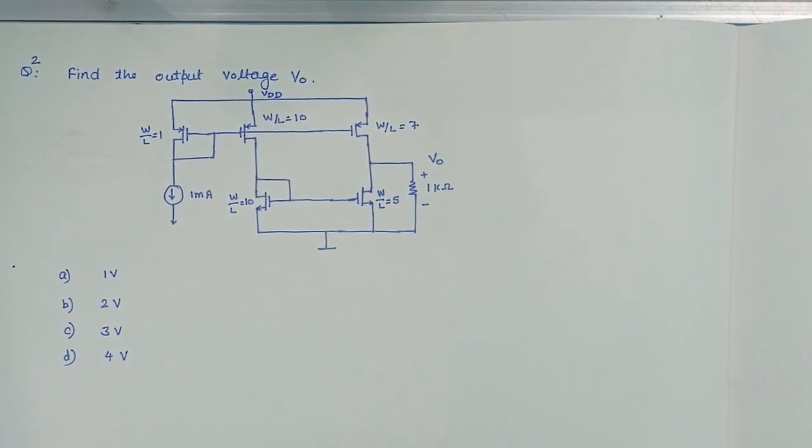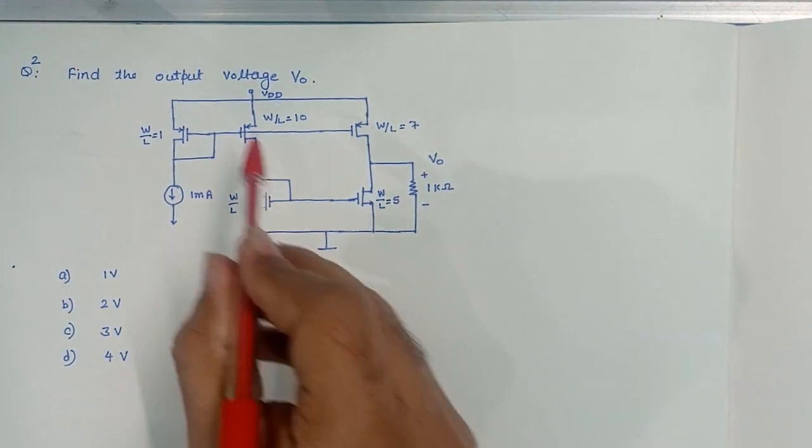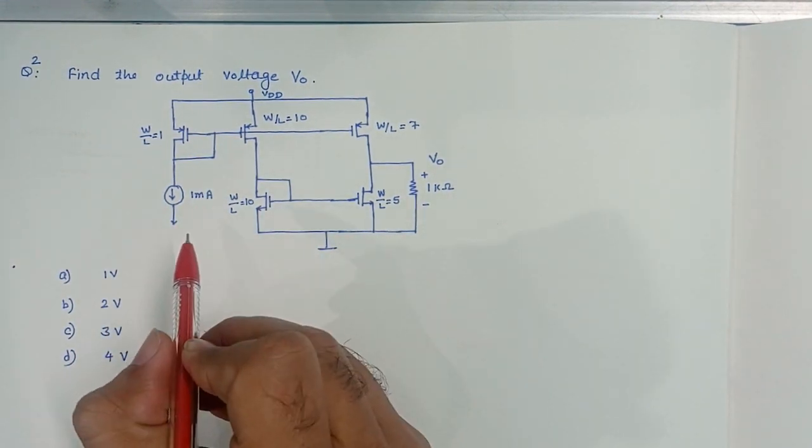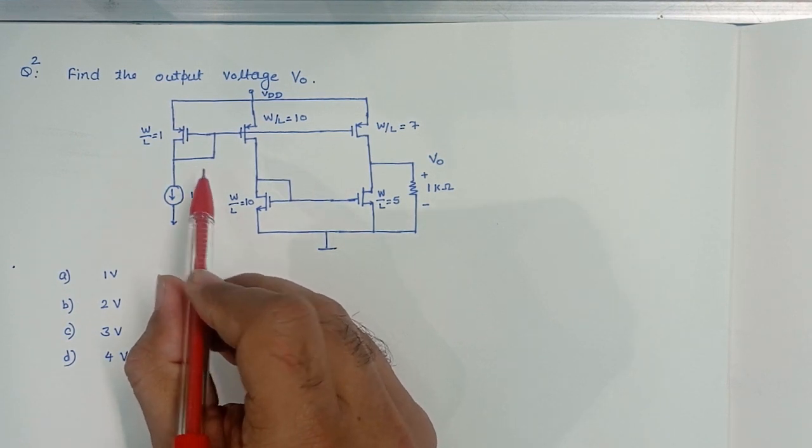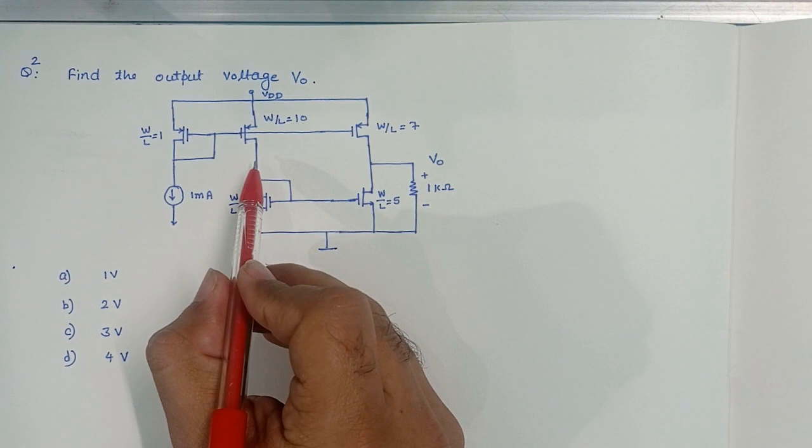So let's go to the second question. Find the output voltage V0 in the circuit. If we see closely, the circuit is nothing but a current mirror circuit, and the current mirror circuit has a very beautiful property that it mirrors the current.